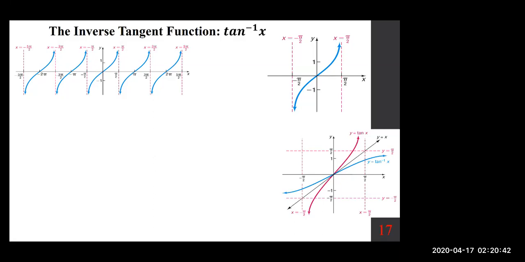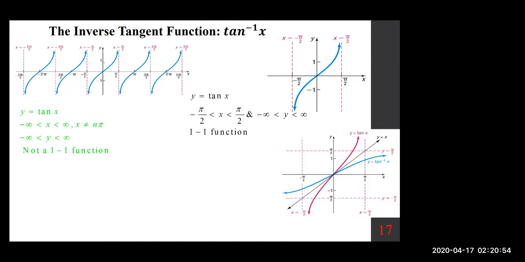The difference is negative pi over 2 and pi over 2 are not included, remember, because we have vertical asymptotes at those points. And so here's the tangent, not a one-to-one function, and here's an inverse. In order to come up with the inverse, we limit it to what you see. And now it has an inverse.